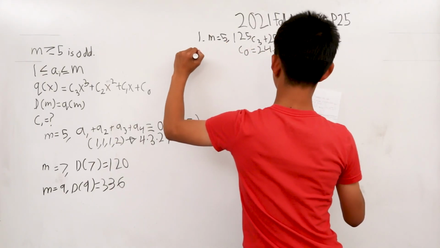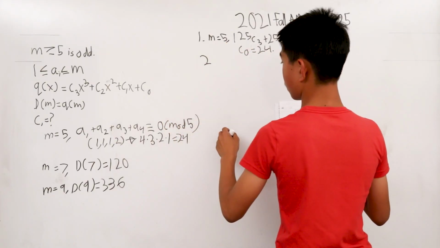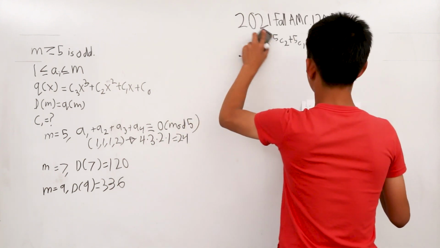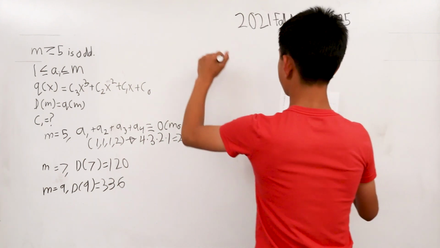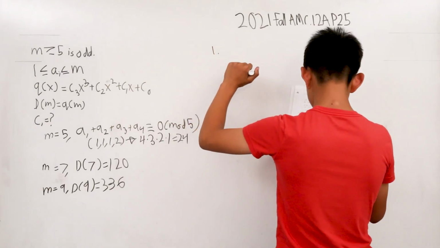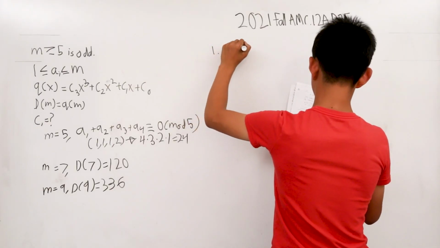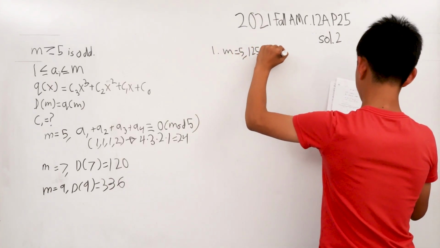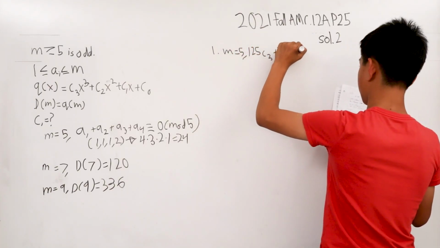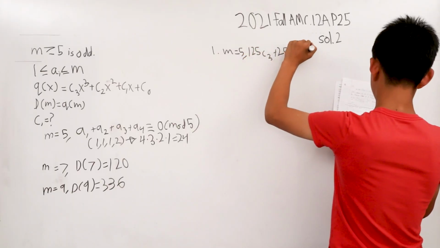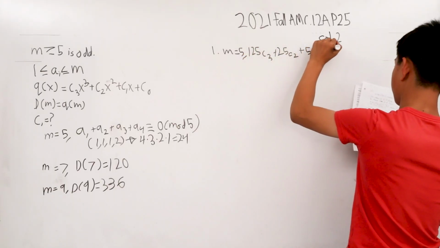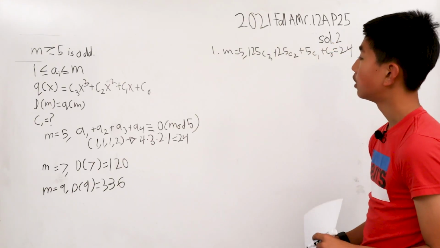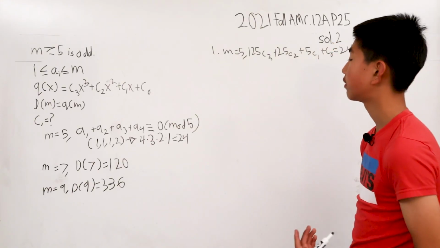For a second one, there's going to be a problem. Let me rewrite it better. So for the first one, when m is 5, this is 125 C3 plus 25 C2 plus 5 C1 plus C naught is 24. And as you can see here, I'm just going to elaborate further.